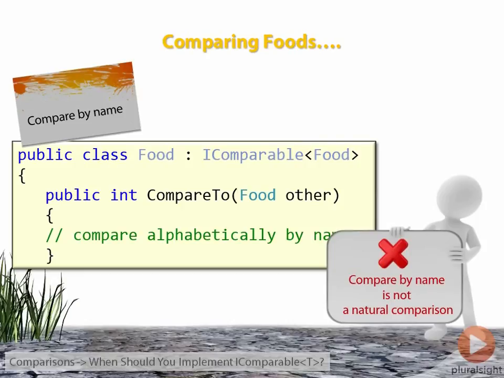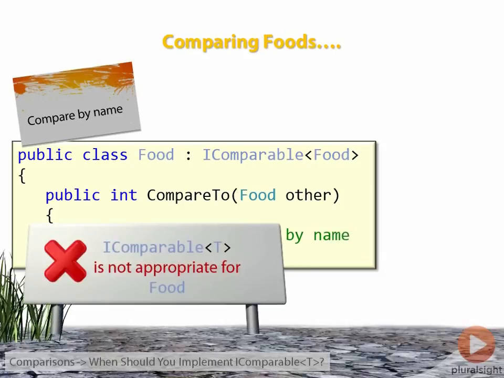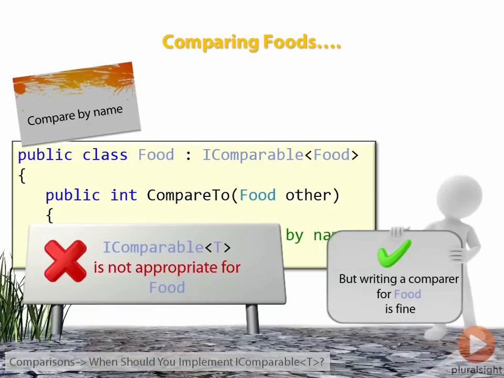There is no one natural way to sort foods, and that means you probably shouldn't be implementing IComparable<T> for the Food type. What you really should do in this situation is write some custom comparers that know how to compare Food instances using different criteria, and then you can plug in any custom comparer as needed. That's something I'll show you soon in the module on comparers.